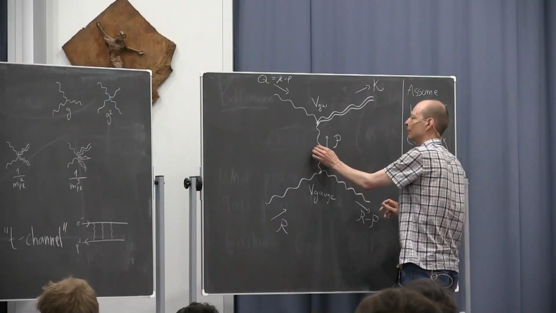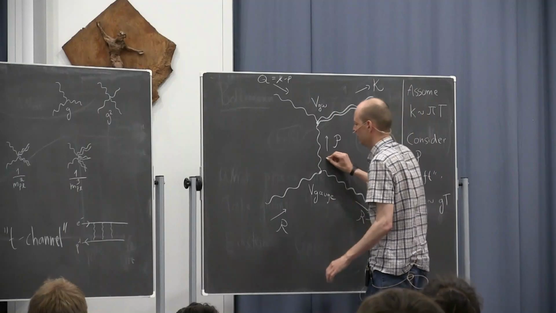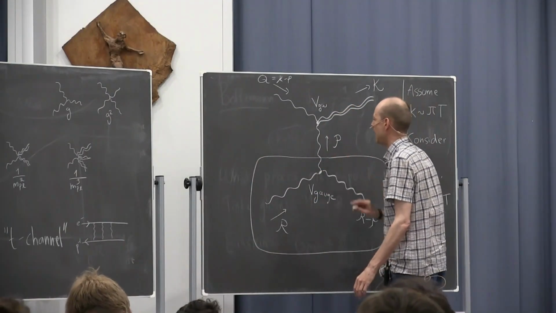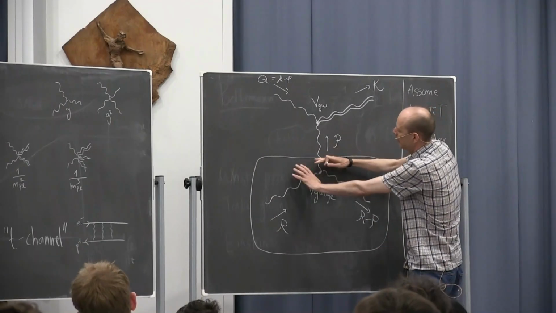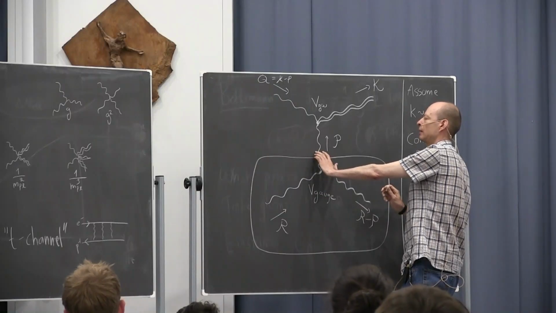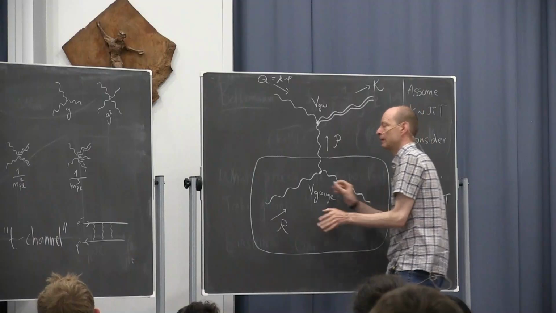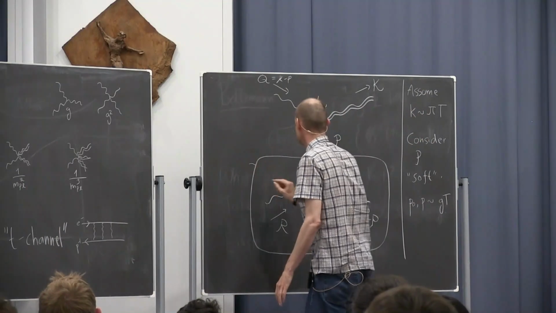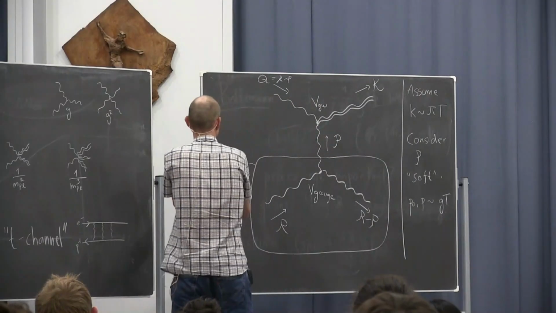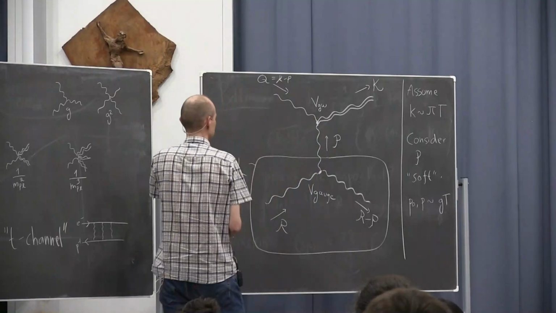And if I focus on what this guy is doing when it forms the graviton, then I can treat all of these things here as if I had already taken them into account when I consider the properties of the soft gluon. What this means is that all of this is included in the HTL self-energy of this soft gluon.